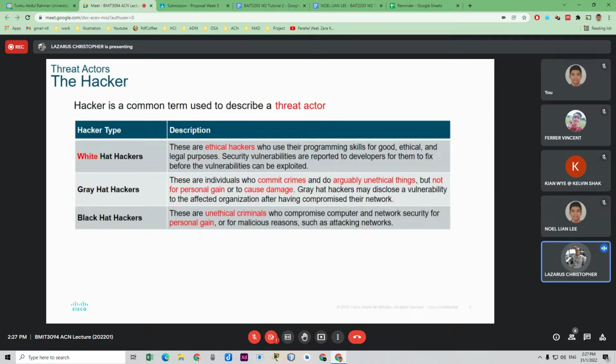Gray is somewhere in between, right? They might do unethical things, but not purposely for their own personal gain. That means they don't earn money, or they don't intend to cause damage, right?